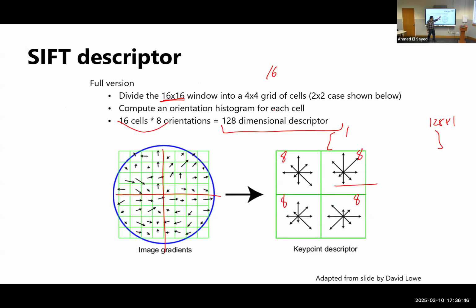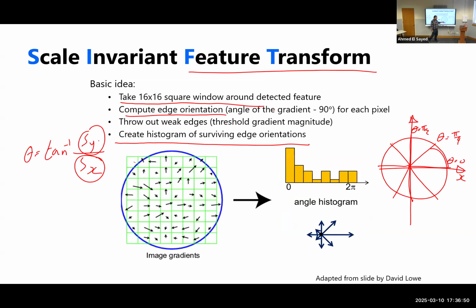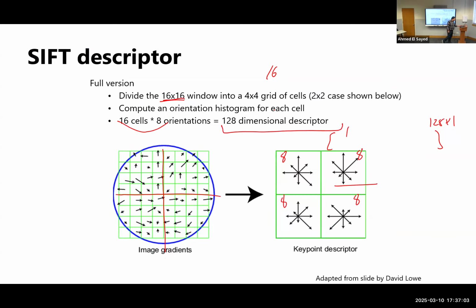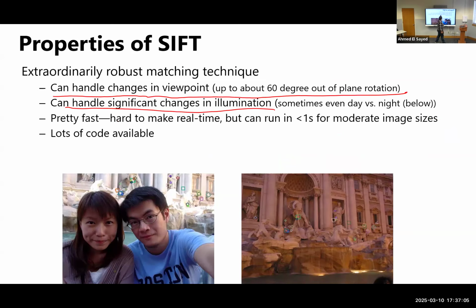No, we are measuring the orientation of the edge. So if the image is dark or light, will the edge disappear? No, the edge exists, and the orientation of the edge still exists. So the orientation of the edge will be invariant against the illumination.